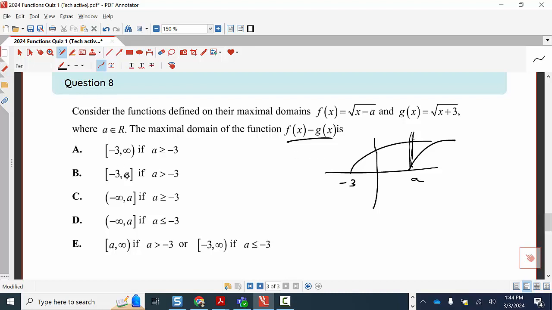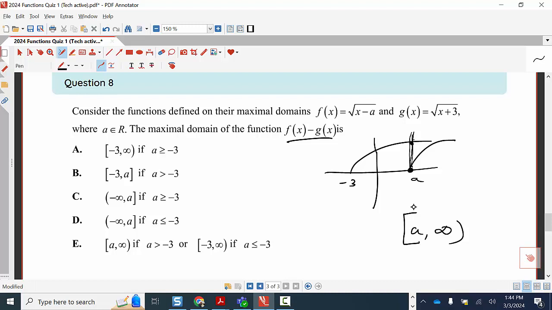So the maximal domain is going to be a to positive infinity, inclusive of the point because the function exists there.